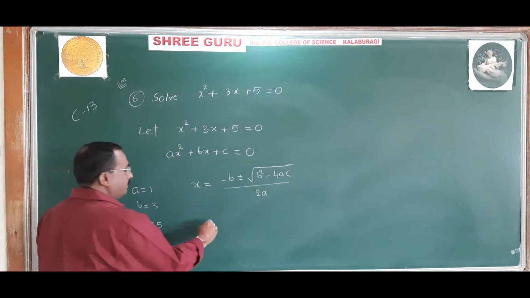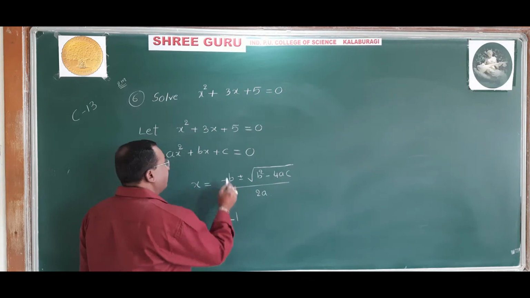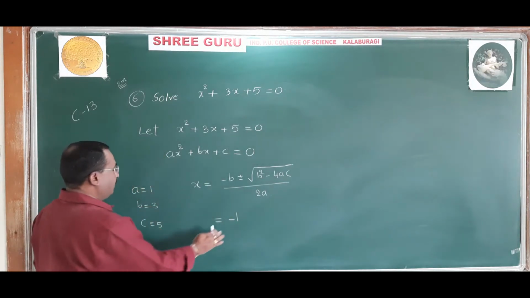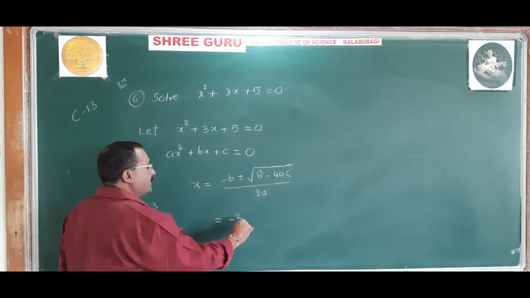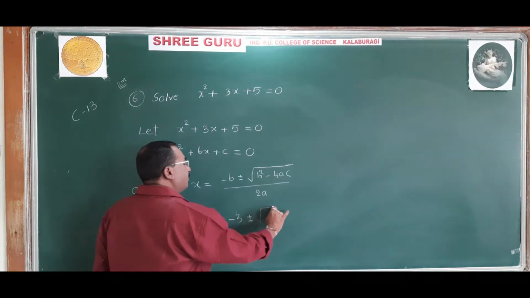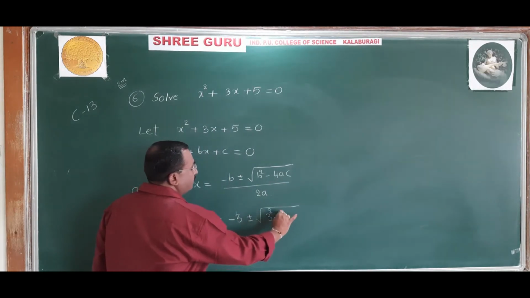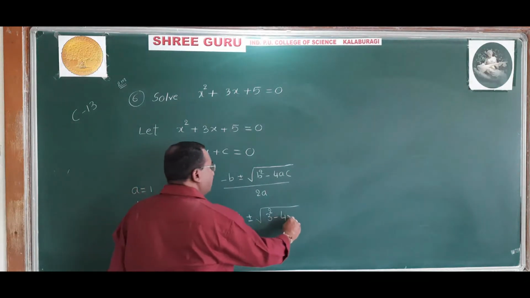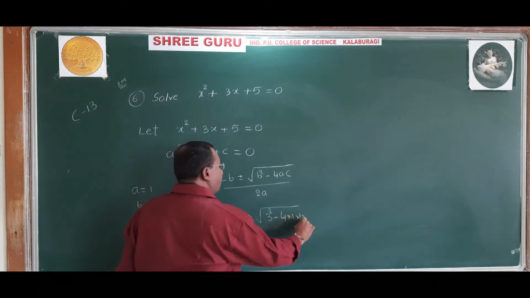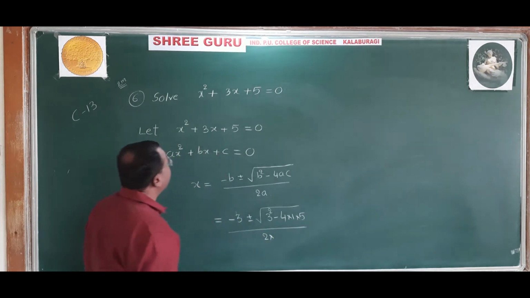Here minus b value is what? 3. b value is 3, plus or minus square root of b square, 3 square, minus 4. a is what? 1, c is what? 5, divided by 2, a is what? 1.